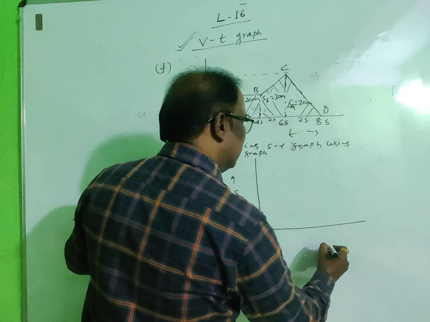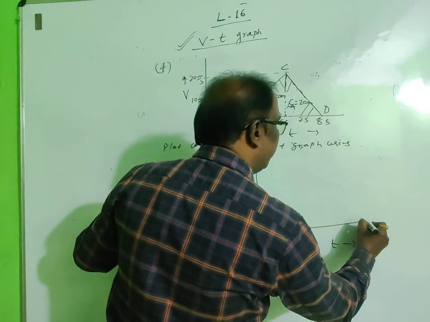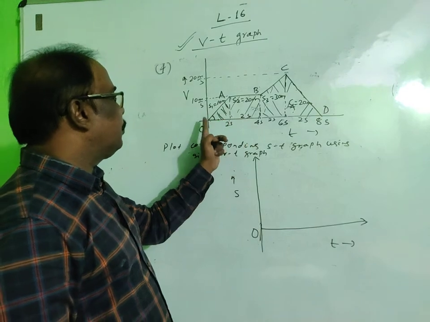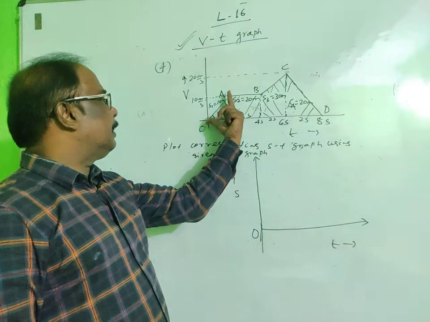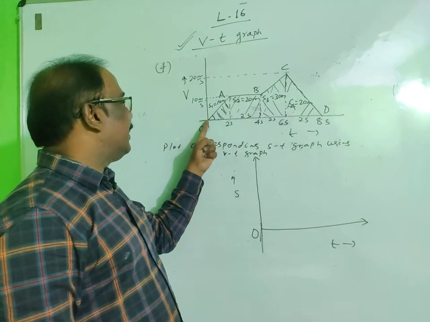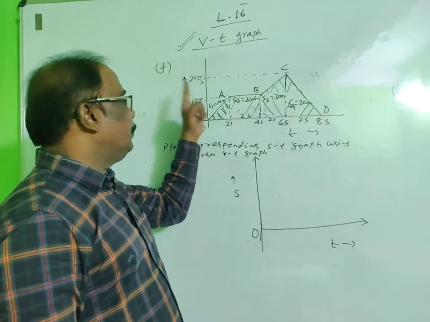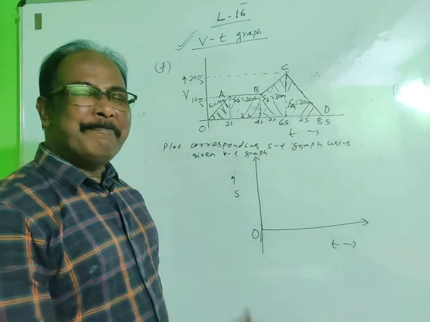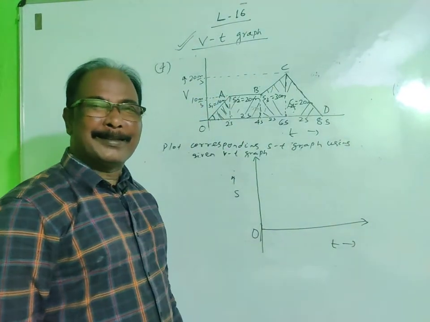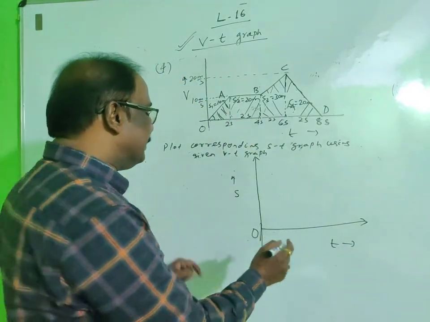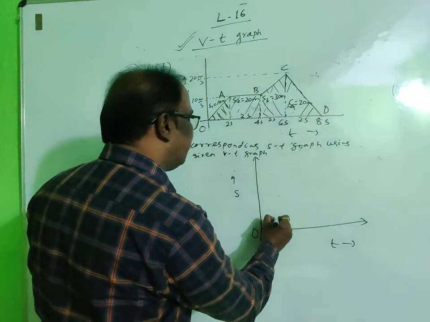Displacement, and this shows variation of time axis, displacement axis. From 0 second to 2 second, in the region OA, motion is accelerated because velocity increases from 0 to 10 meter per second. What we have discussed: if velocity increases, then the displacement-time graph is a curve bending upward.